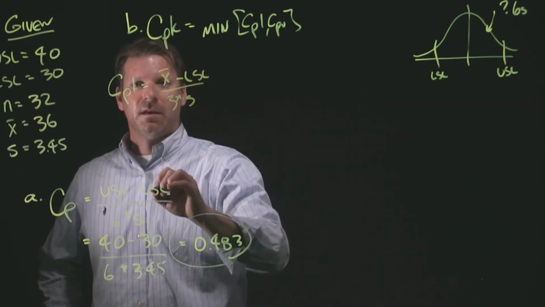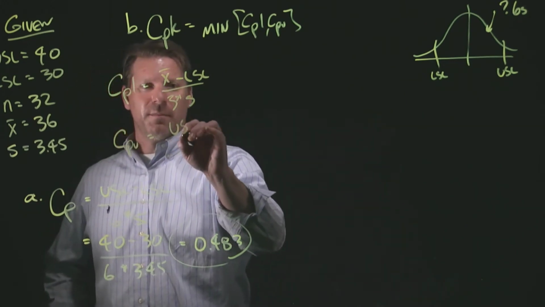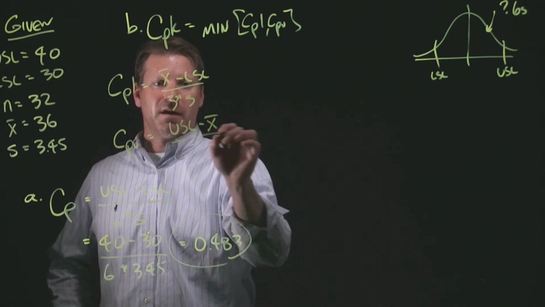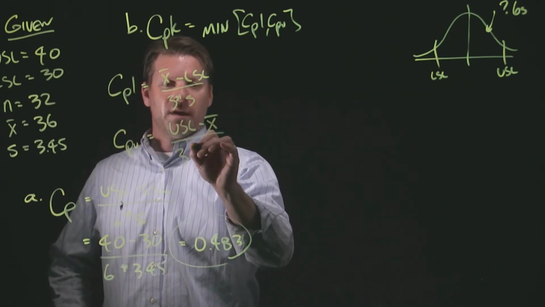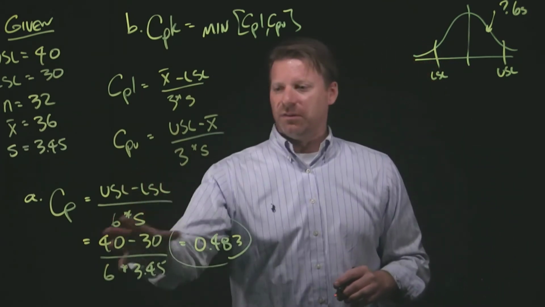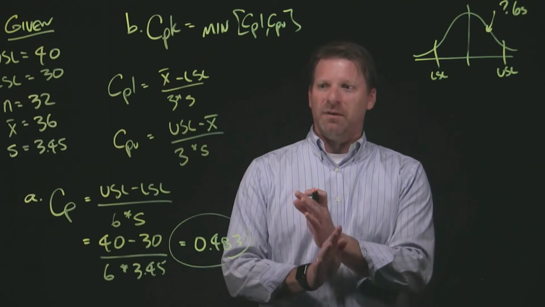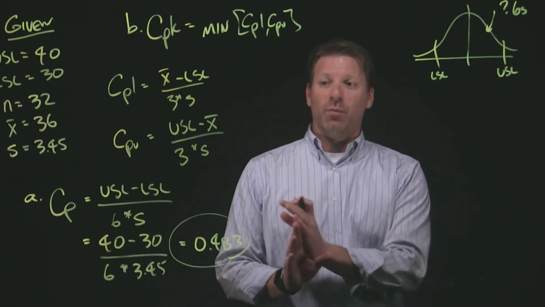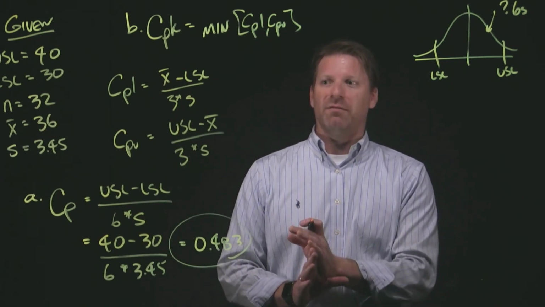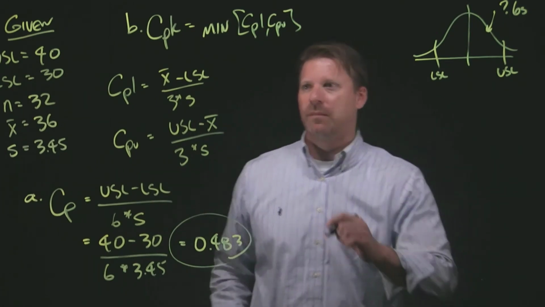The CPU is my upper specification limit minus my X bar, divided by 3 times my standard deviation, okay? So now, instead of just looking at the overall process and how it fits, we're breaking the distribution down by the relative position of those values. We're still evaluating over an aggregate of 6 standard deviations, but taking them 3 at a time.